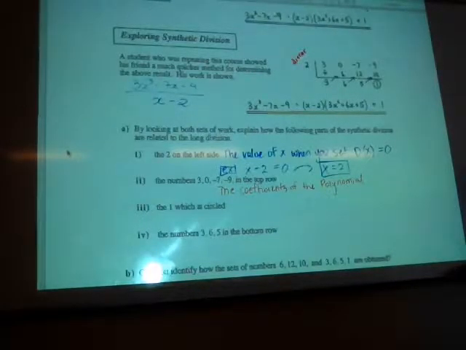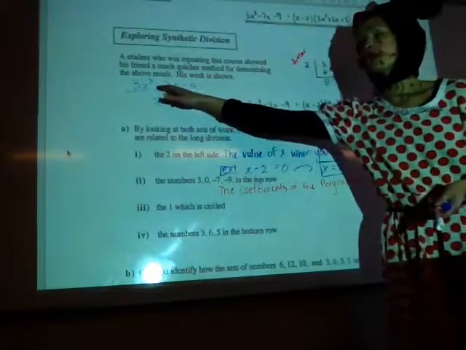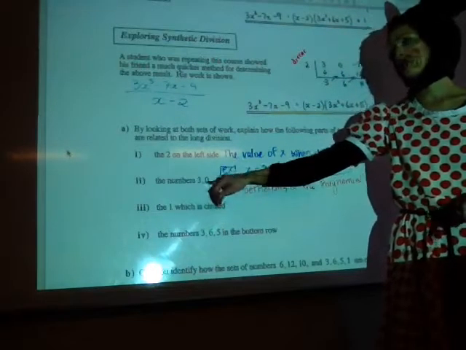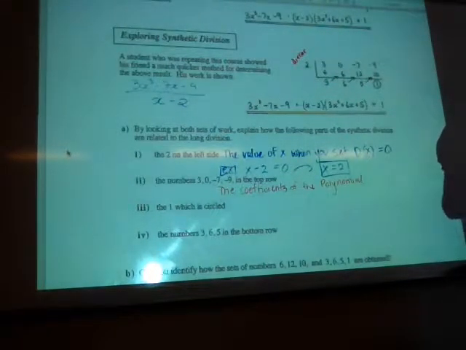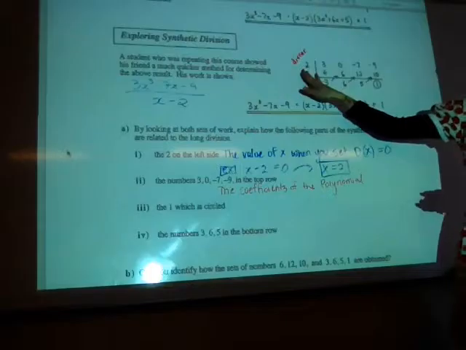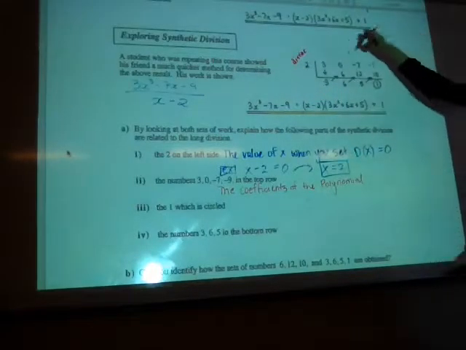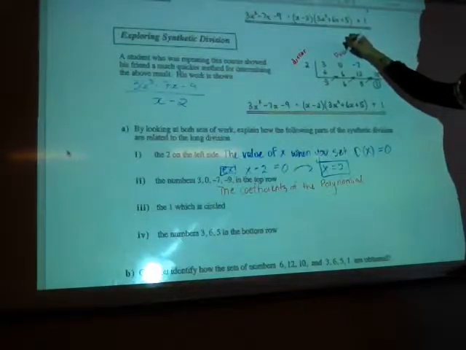And just like in long division, although we don't have an x squared, we still need a placeholder, which would be the 0. Okay, so the divisor goes on the side. The coefficients of the polynomial go in the top row.